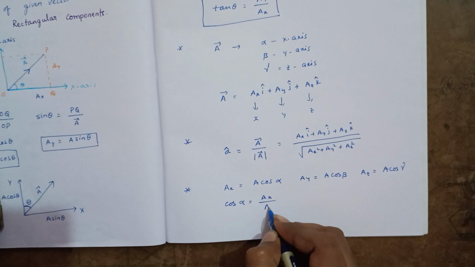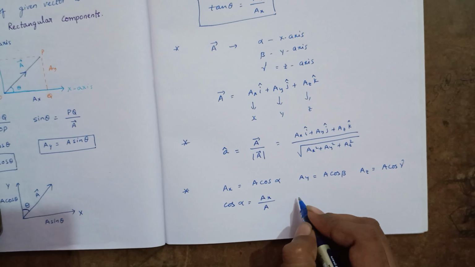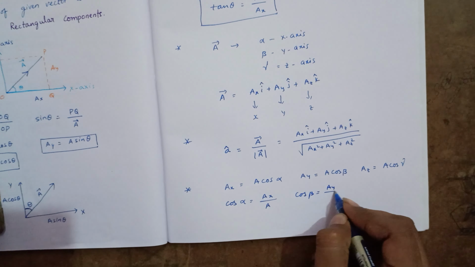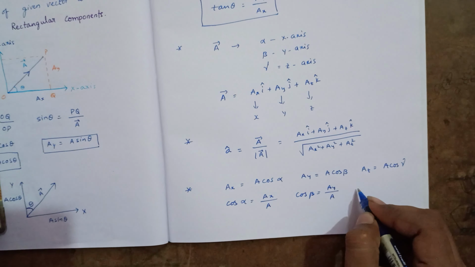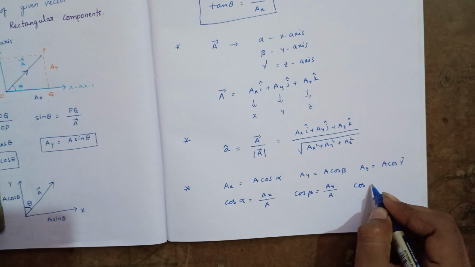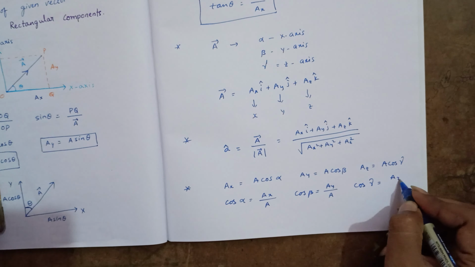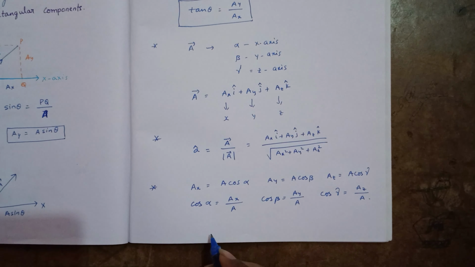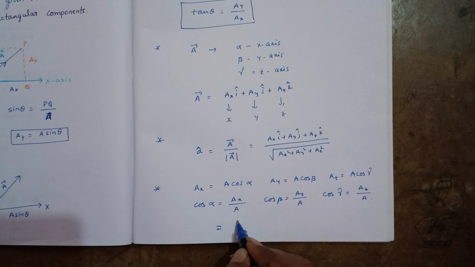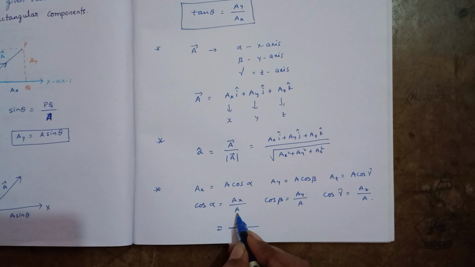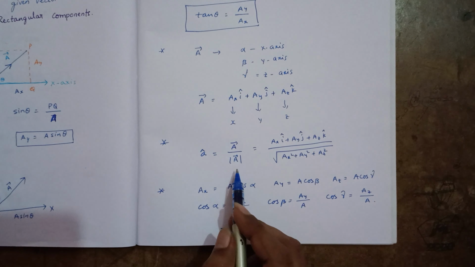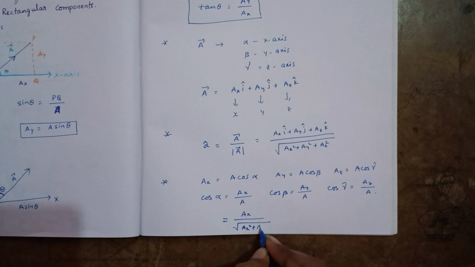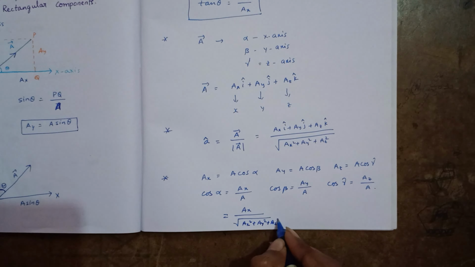ax by a, cos beta equal to ay by a, cos gamma equal to az by a. Now from this we can say cos alpha equals ax by a, where a means the magnitude of the vector, the square root of ax square plus ay square plus az square.